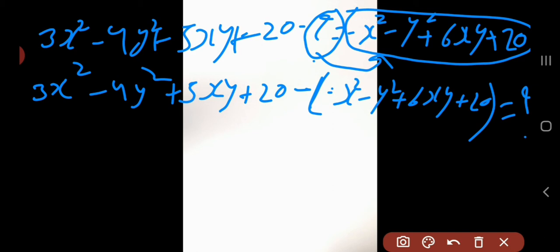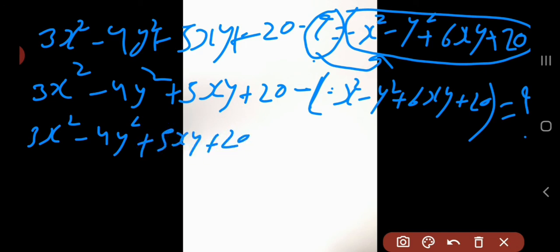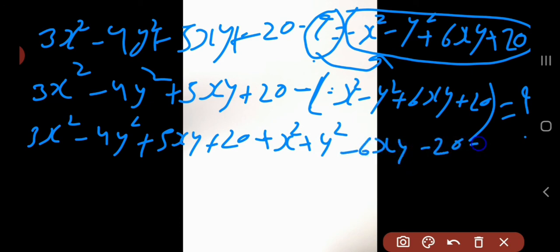Now solve again: 3x square minus 4y square plus 5xy plus 20 plus x square plus y square minus 6xy minus 20 is equal to the question mark.